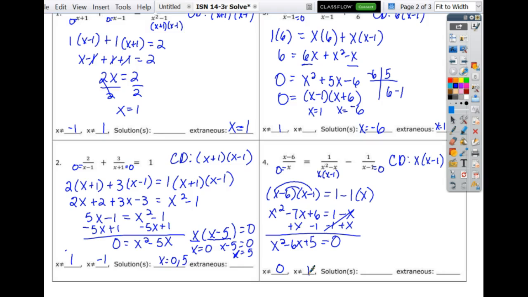So when I factor this, you get negative 5, negative 1. So my x becomes 5 and 1. So I know the 1 goes where?